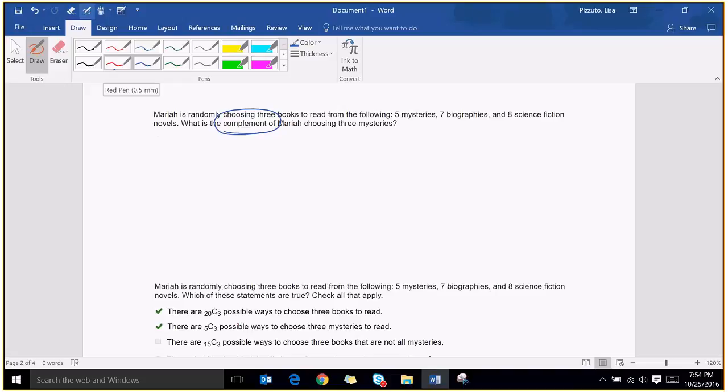Remember what I said. What do you do when you're going to take the complement? It's the opposite. So how would you write that? The complement would mean Mariah does what? She does not take 3. Right. She does not choose 3 mystery books. Okay. That's the complement.